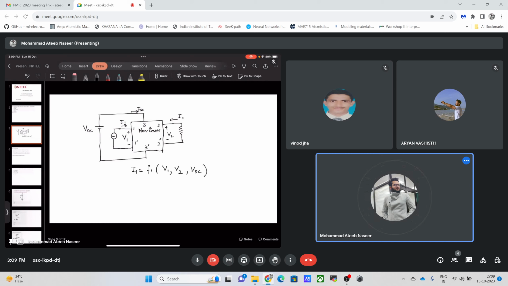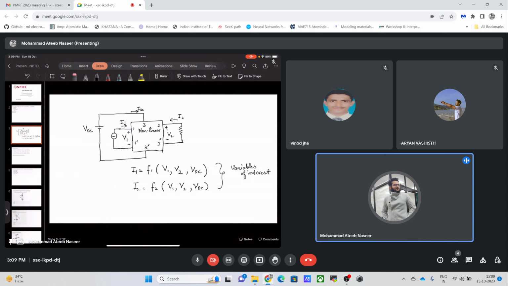Similarly, this I2 will also be some function of V1, V2 and this DC bias. So these are our variables of interest, as simple as it gets. We haven't done anything specific over here.